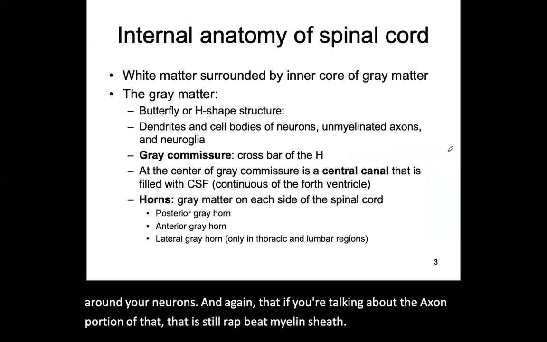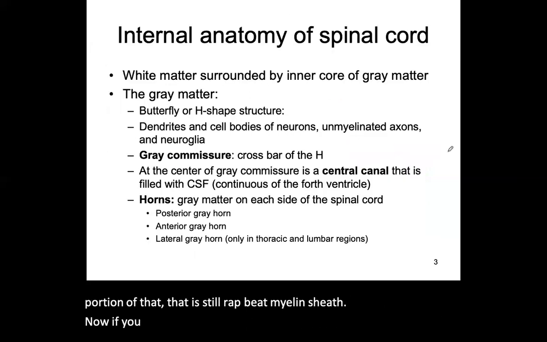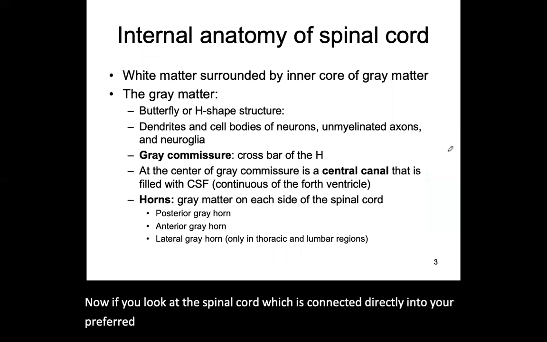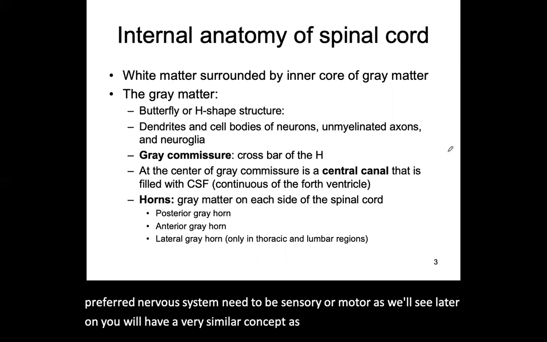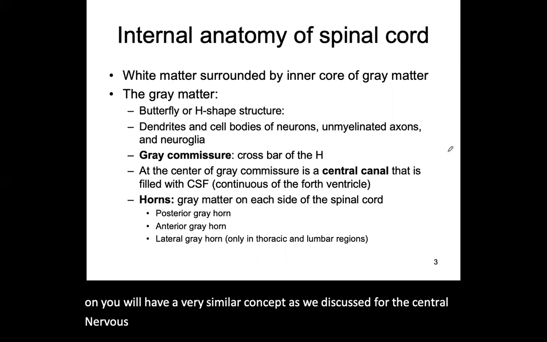Now, if you look at the spinal cord, which is connected directly into your peripheral nervous system, whether it be sensory or motor, as we'll see later on, you will have a very similar concept as we discussed for the central nervous system, in the sense that it will still contain gray matter and it will still contain white matter.